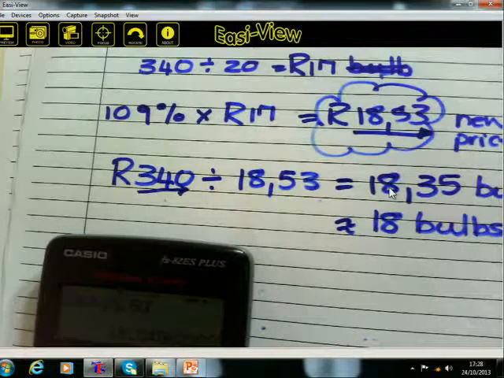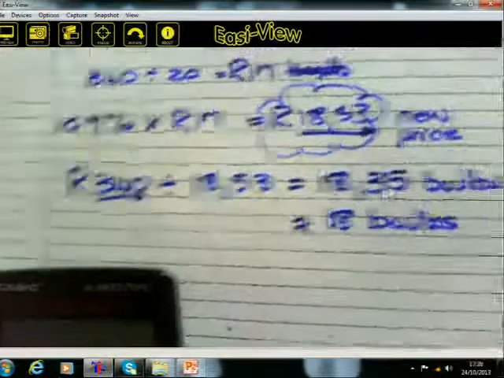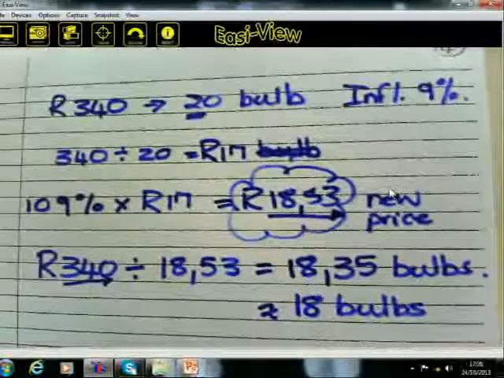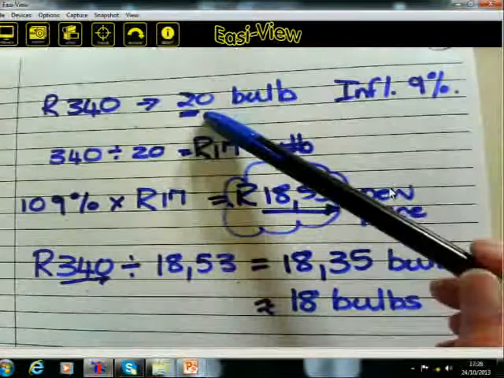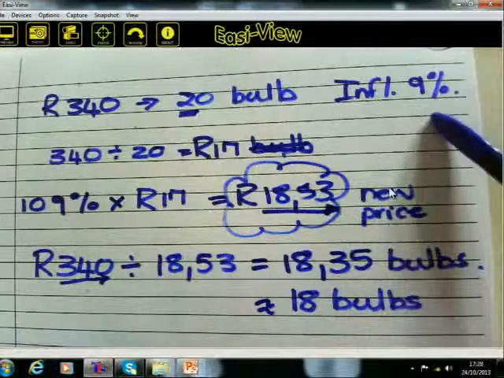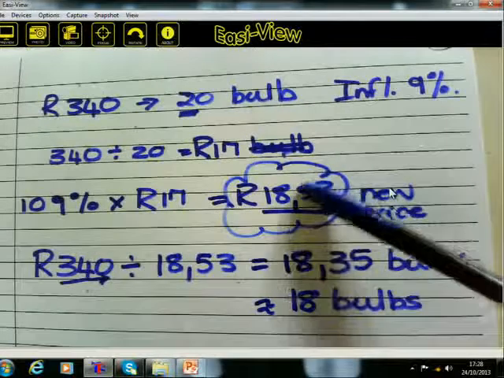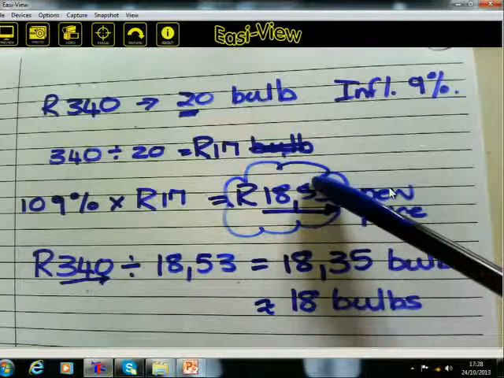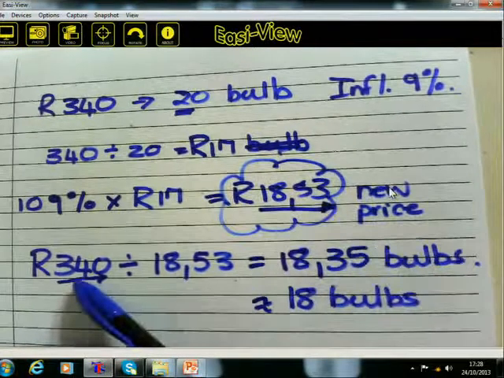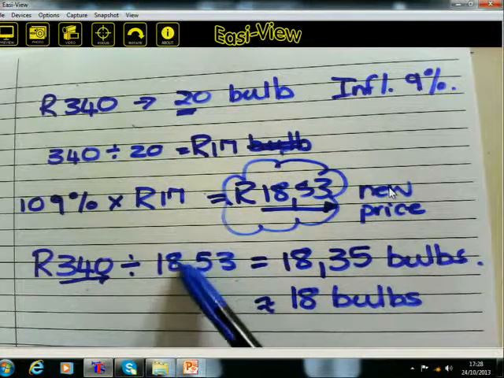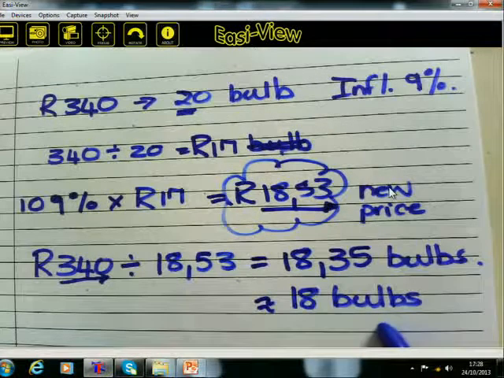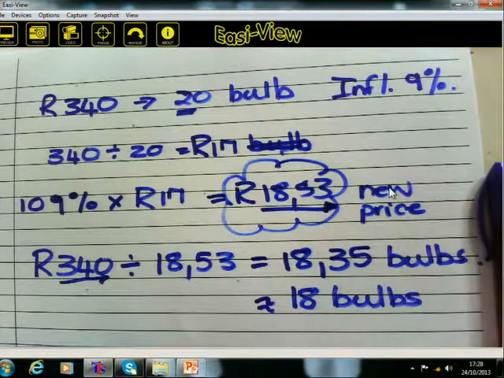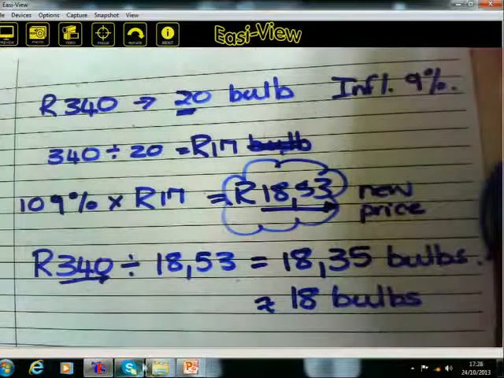Right, that is just to show you how the purchasing power decreases. If I had 340 Rand, I could have bought 20 bulbs, but because inflation increased the price per bulb, for the same amount, with the new inflated price, I could only buy 18 bulbs. I'm really sorry that we have run out of time.